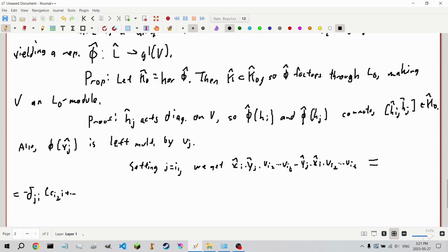plus through the Cartan integer of c_iti, scaling v_i2 through v_it, which is just delta ji on h hat i on v_i2 through v_it.